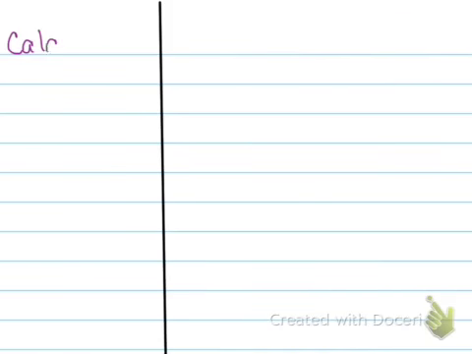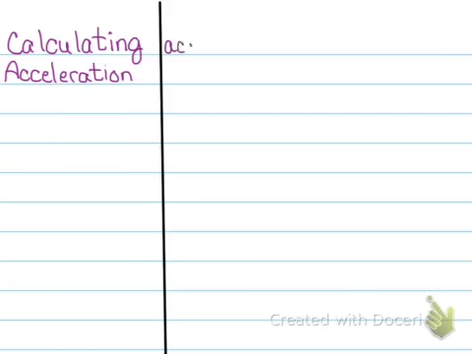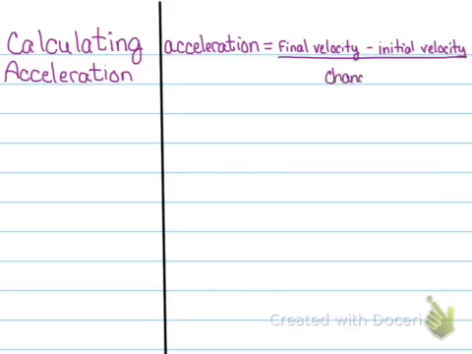So let's go ahead and look at how we could calculate acceleration. We're going to calculate acceleration using a formula where acceleration is equal to the final velocity, that's how fast it's going at the end, minus the initial velocity, that's how fast it was going at the beginning, divided by the change in time.